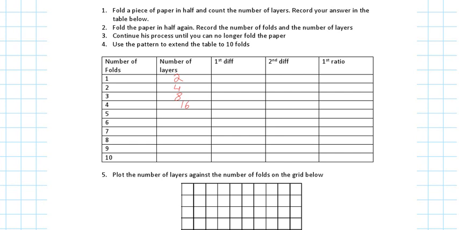Now after 16, what's the number? 32. And then 64, then 128, 256. So what I'm doing is multiplying by 2.